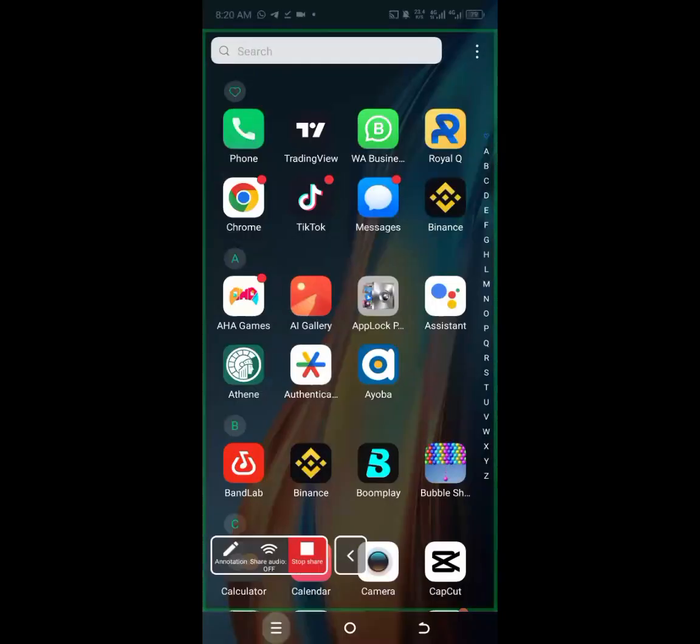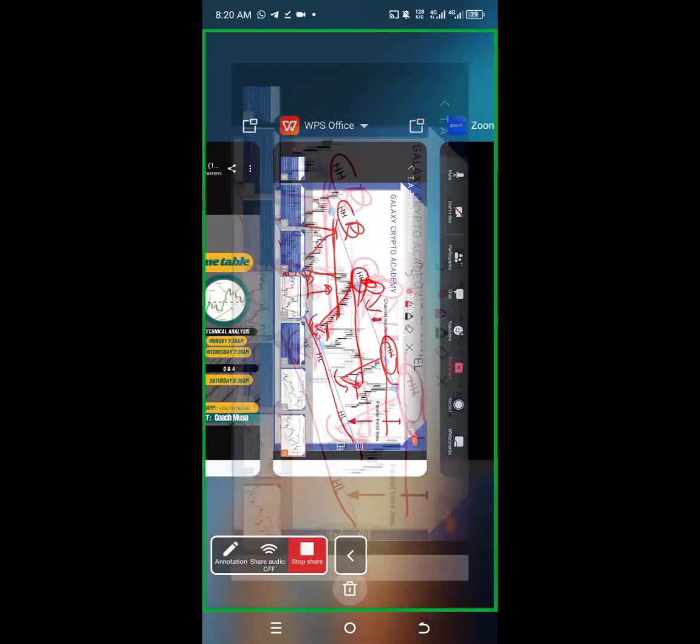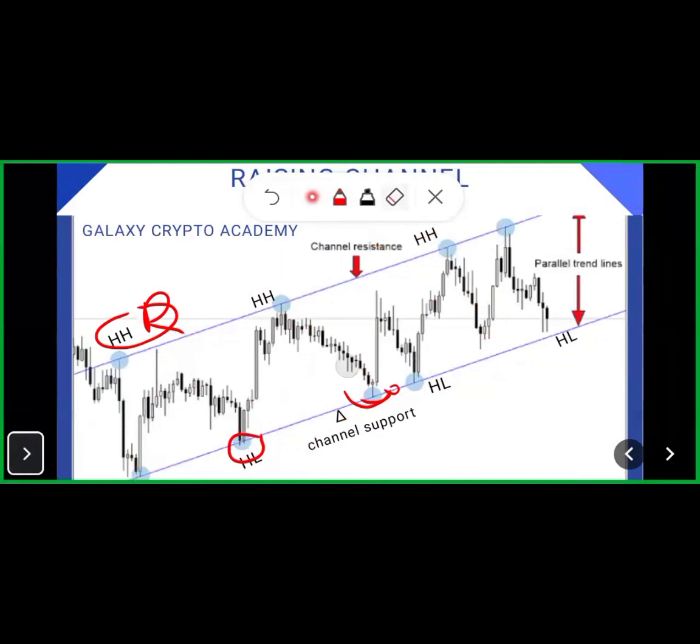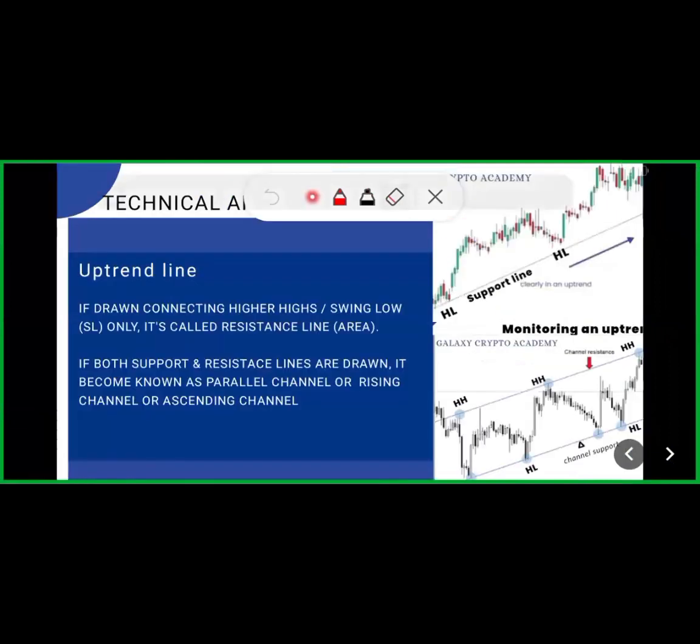Okay, so taking you back to the chart. I hope that is very clear. Now, the next thing, as I'm making it in summary, is that you can draw this trend line on a rising market as a single line, in which case you'll be concentrating only on how the price reacts to the support line you've drawn, with the intention of seeing how far the price is going to rise before it reverses.